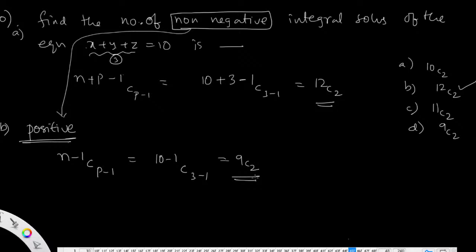So 9C2 it becomes when positive is given. Next, similar type: number of positive solutions, the formula is n minus 1 C p minus 1; non-negative means the formula n plus r minus 1 C p minus 1, okay.